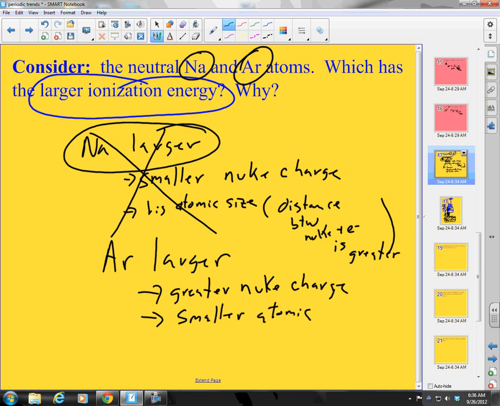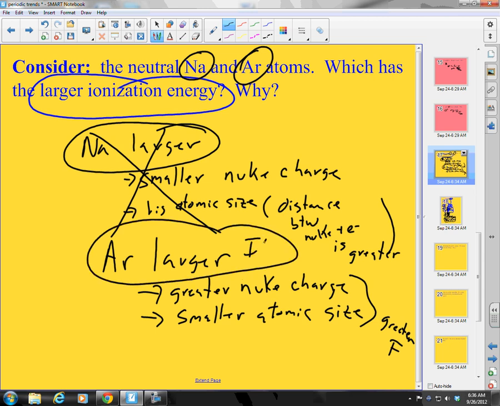Sorry about the confusion there. Both of these lead to a greater force, and a greater force of attraction means it has a larger ionization energy. Glad I caught that. Man, that could have been a bad thing.